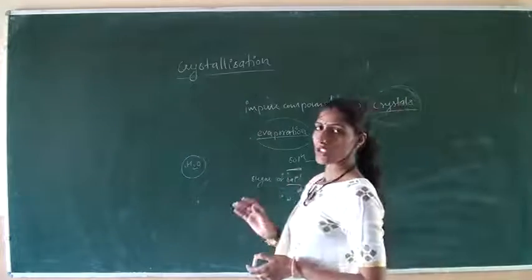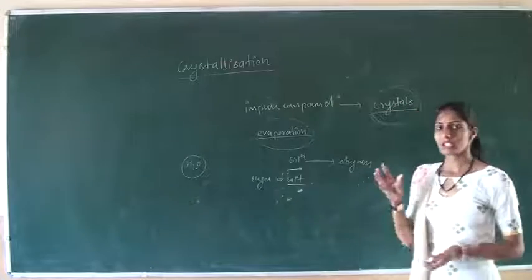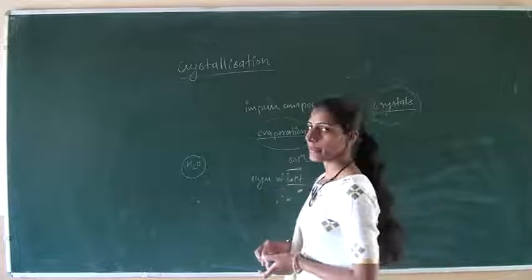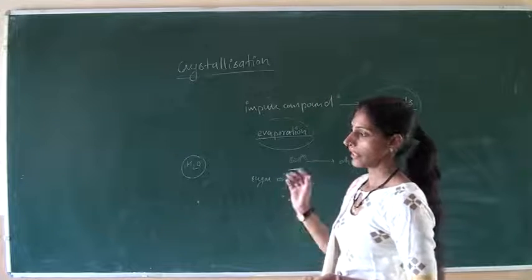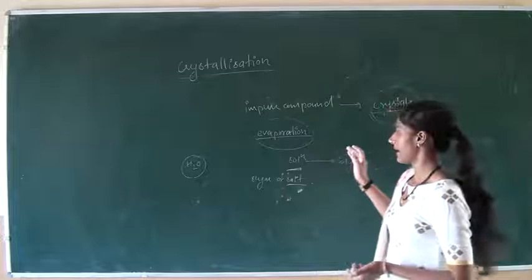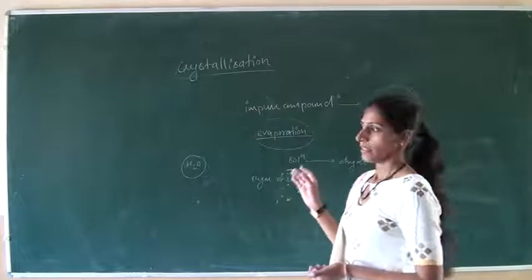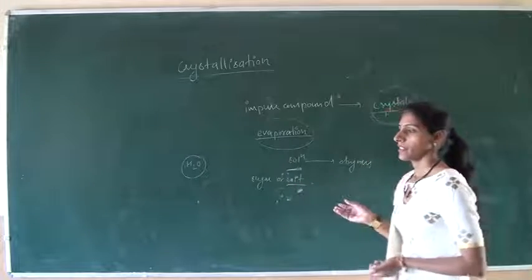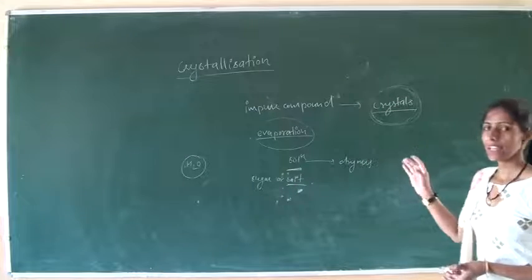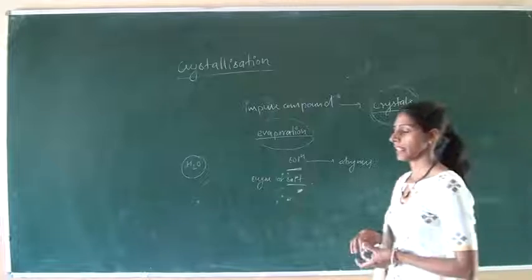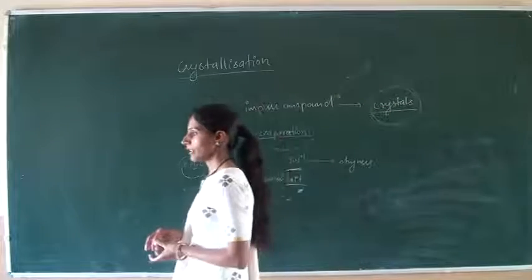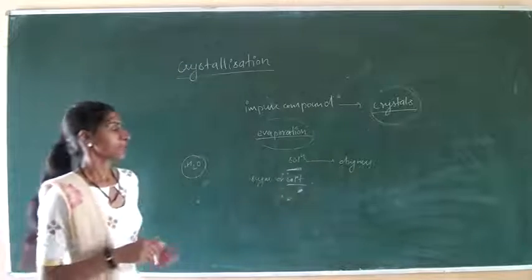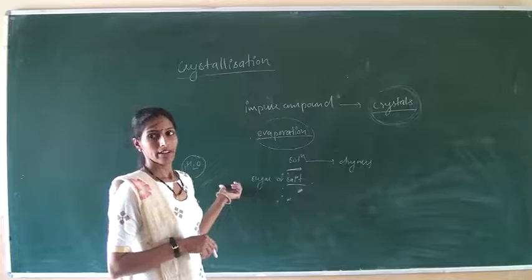In the crystallization method, first we make a solution of the impure compound in water. After making the solution, we heat it at a particular temperature so that they dissolve into each other. After heating and cooling, we filter the solution easily, and on the filter paper we get some solid particles, and in the beaker we get the liquid content.